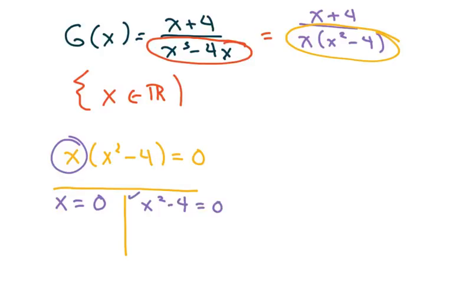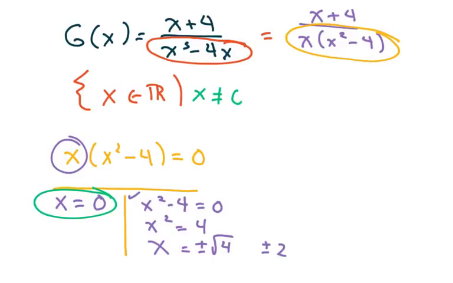So this part here is going to be x squared equals 4. Square root both sides, you get x equals plus or minus square root of 4, which is plus or minus 2. So we have x can't be 0, and also x cannot be equal to plus or minus 2.